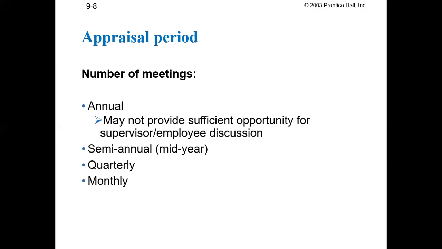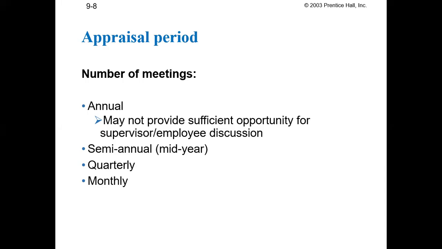So this varies, okay? There is what is ideal and there is what is actually happening, or what organizations are able to do or are committed to doing. Okay, so the most common one is the annual.